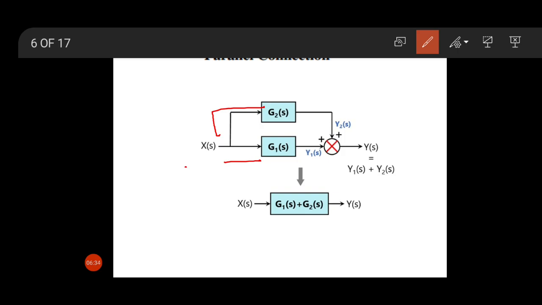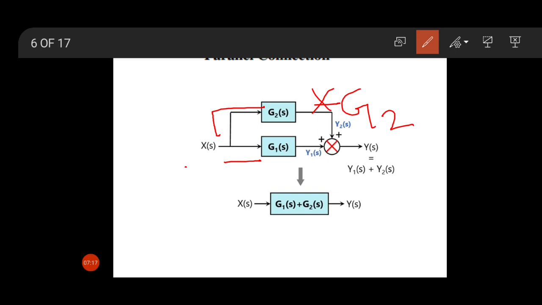This block's output is xg2 and this block's output is xg1. The final output after the summing point is xg1 plus xg2, combined by this summing point, and this is written as x into g1 plus g2.